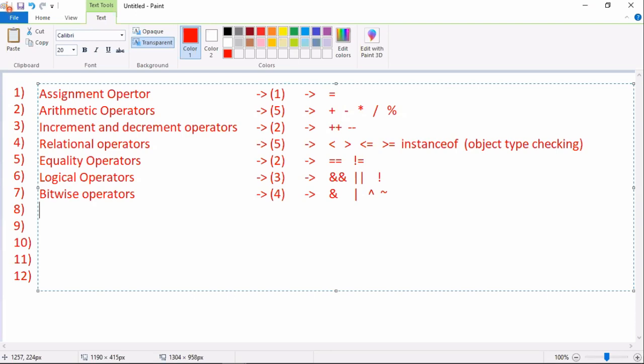Next, shift operators. We have three shift operators.